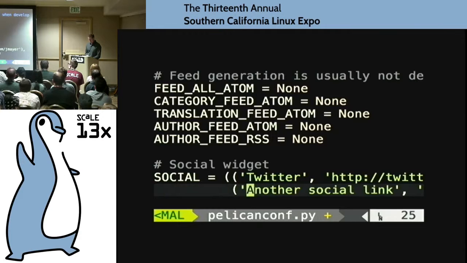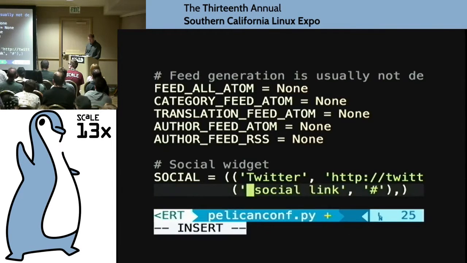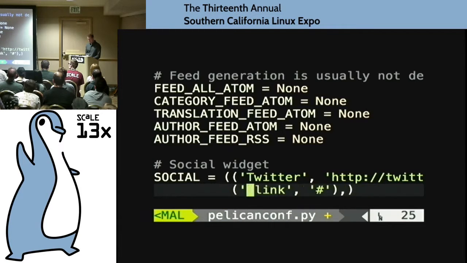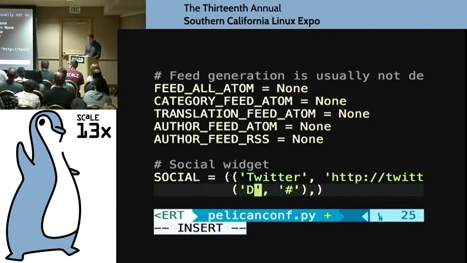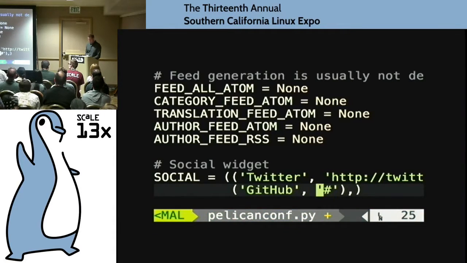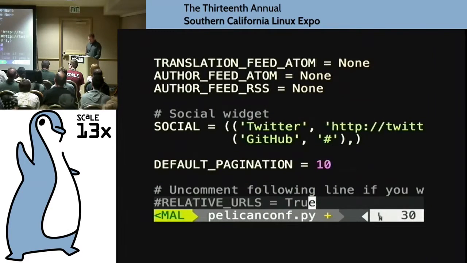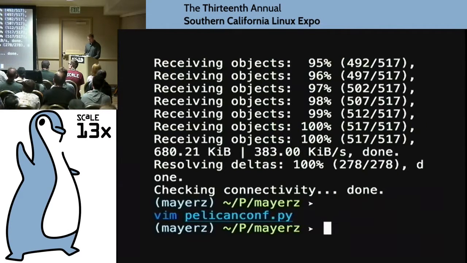And we'll change this one just because it's going to be really ugly if we don't. And we'll sort of pretend that that's actually a link to GitHub. Yeah, the rest of it should be good to go.